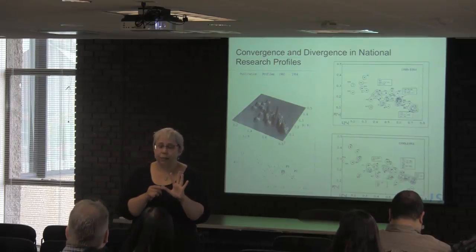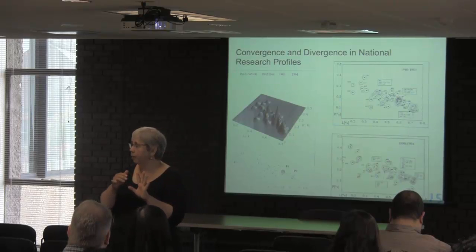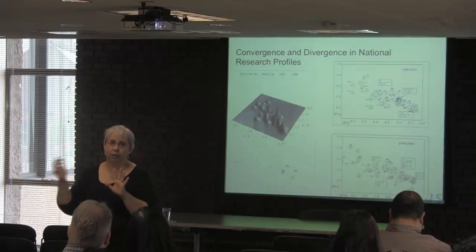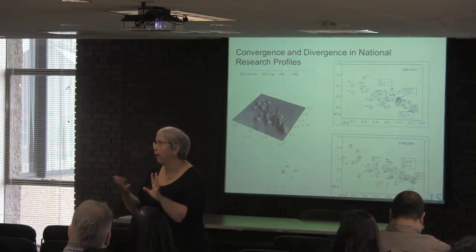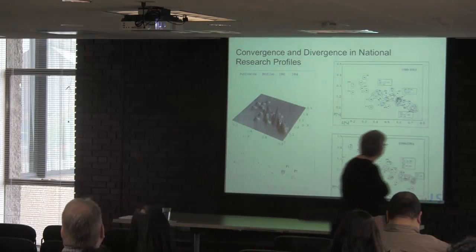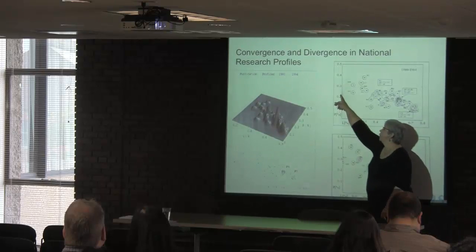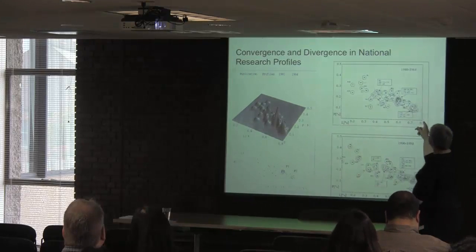Then 2 of them are the most important ones, physics and life sciences. The others, compared to the output in physics and life sciences, are minor contributions. Then you just give every country a place in a profile map of the share in physics and the share in life sciences.